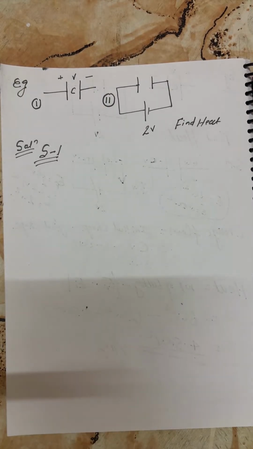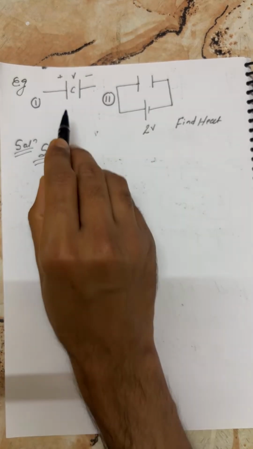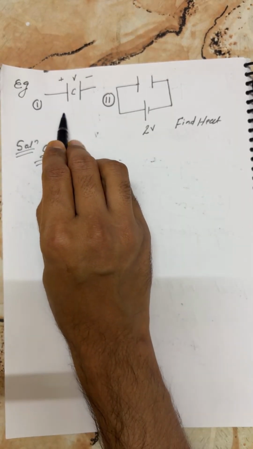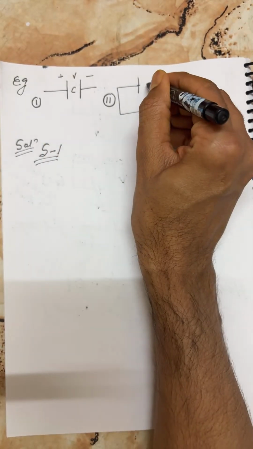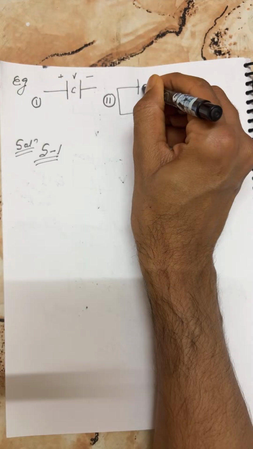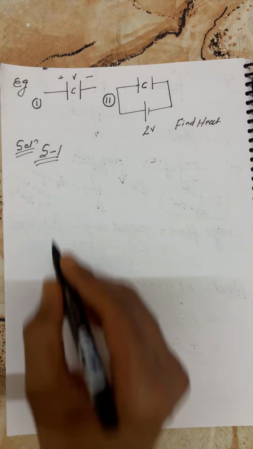What is the question, kids? This is the initial configuration of the capacitor. Now I'm switching to the 2-volt battery, and the capacitance of the capacitor remains the same. So find heat.